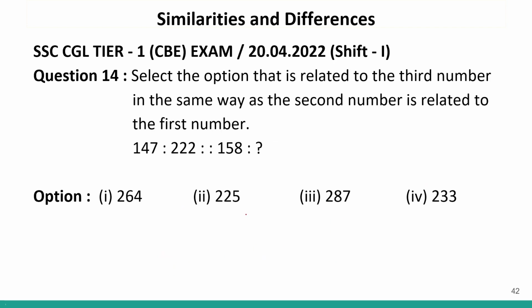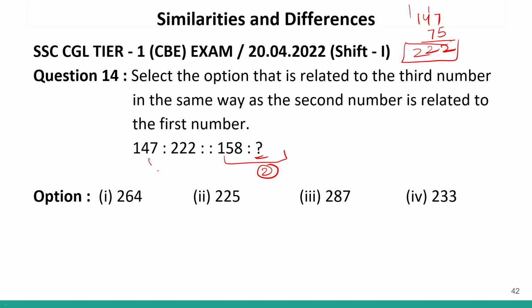Now this one, we have to find this one. This is an analogy question. This is the first pair and we have to find similarly the answer to the second pair. Correct? Now if I look at this 147 and 222, there's an addition of some number to get 222, right? So if I add 75, I'll get 222, correct?